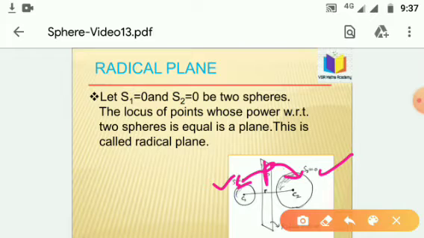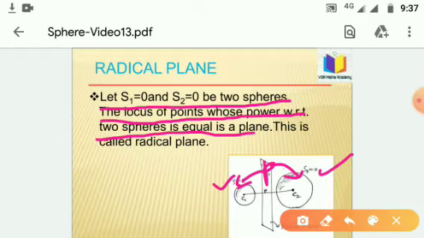The locus of the points whose powers with respect to the two spheres are equal is a plane, and this plane is called the radical plane.